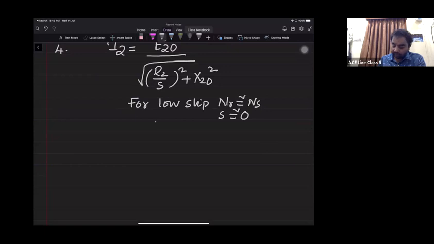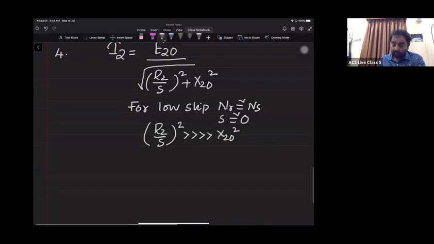For low slips, Nr will be closer to Ns and slip will be approximately equal to 0. In that case, (R2 by S) whole square will be much greater than X2 naught square. So here you can see in the denominator, I can ignore X2 naught square. Why? Because when compared to (R2 by S) whole square, for low slips, that X2 naught square will be much lesser.